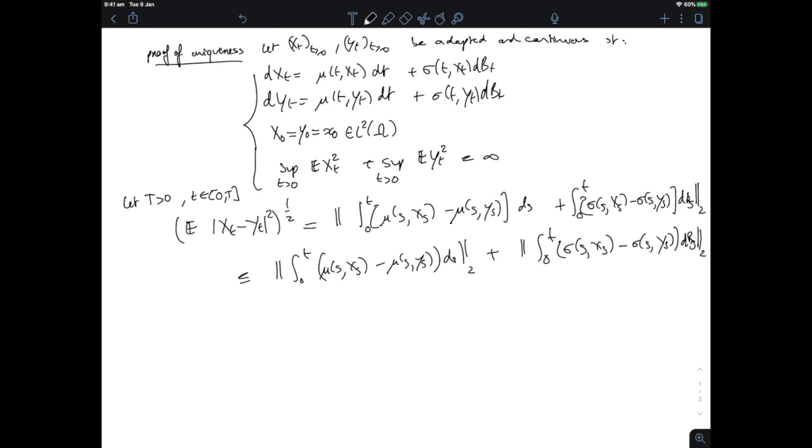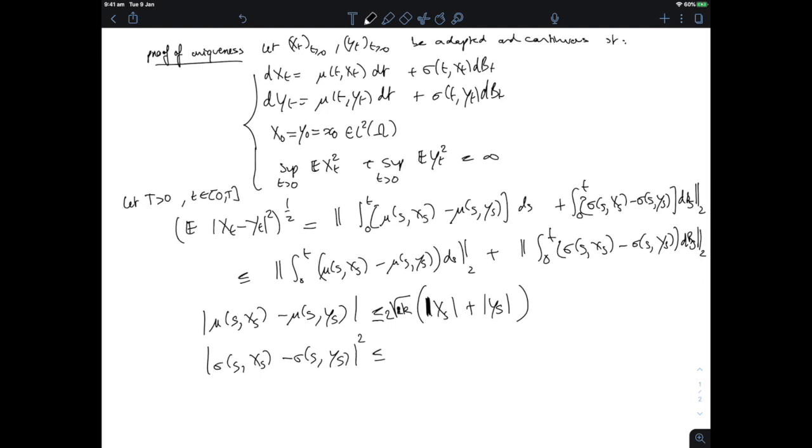So in particular, we have that mu_s(Xs) minus mu_s(Ys) is certainly smaller than some constant, which is square root of k, square root of 2, times 2 times Xs plus Ys, and I have that sigma_s(Xs) minus sigma_s(Ys) squared is smaller than 4k times Xs squared plus Ys squared. And actually here, no, that's correct.